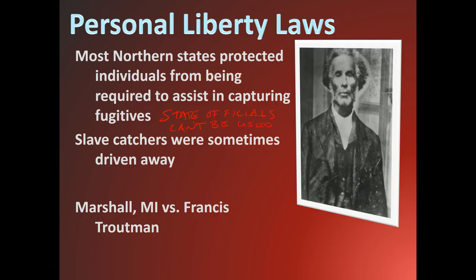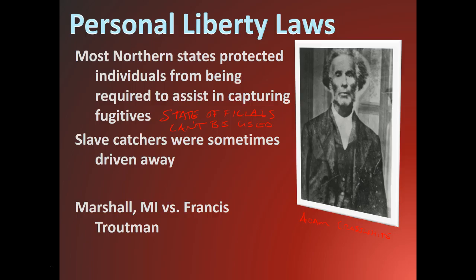And one of the best stories of this actually is a close one. A guy named Adam Crosswhite, who you see here, a slave in Kentucky. He and his family escape. They run away to the north, and they settle themselves in Marshall, Michigan.